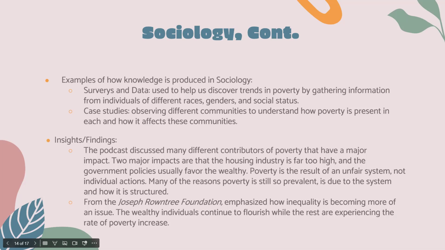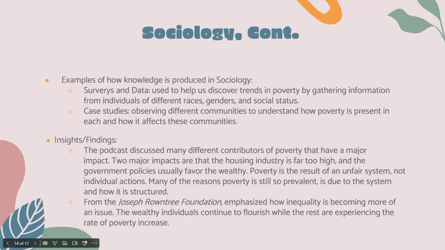And the government policies are also usually favored toward the wealthy. So the poor people in poverty usually are lacking when it comes to the government policies. Overall, poverty is the result of an unfair system, so it's not solely based on individual actions. Many of the reasons poverty is still so prevalent is due to the system and how it is structured, not just individuals.